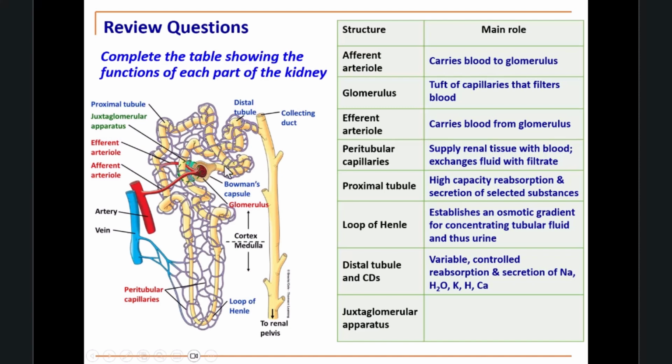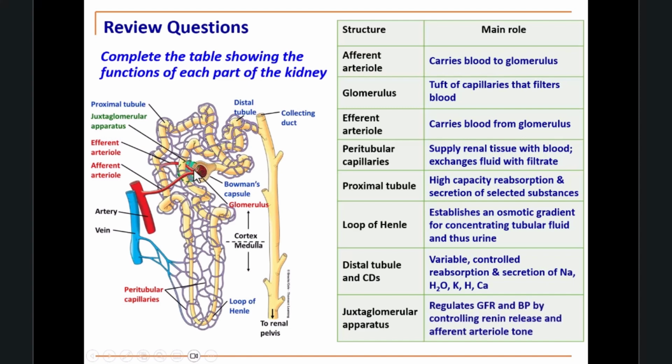Okay, and finally, the last little bit, this is the juxtaglomerular apparatus. Remember what this is? It's both tubular in nature, because it's detecting what's in the distal tubule, and it's vascular in nature, because it's communicating with both the afferent and the efferent arterioles. So it's this little region, lots of different types of cells there doing lots of different things. But the whole point is it's communicating.